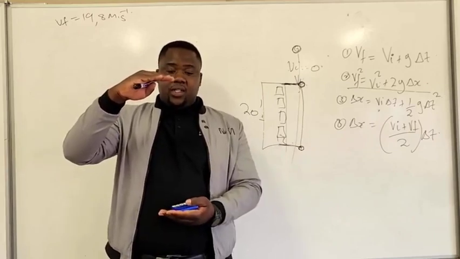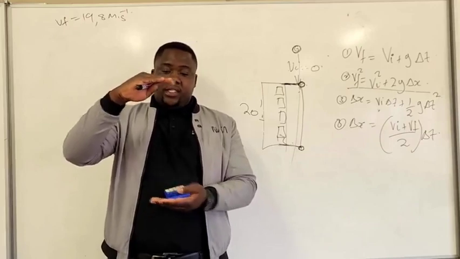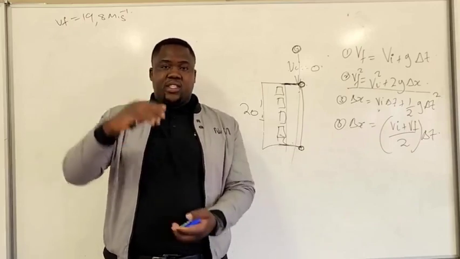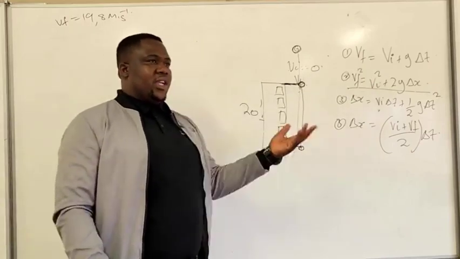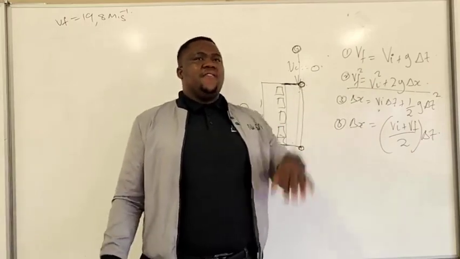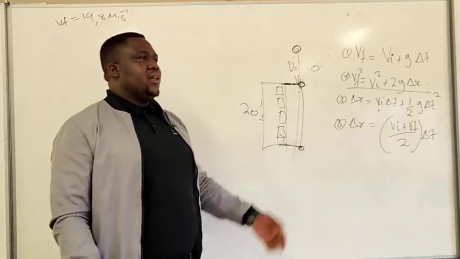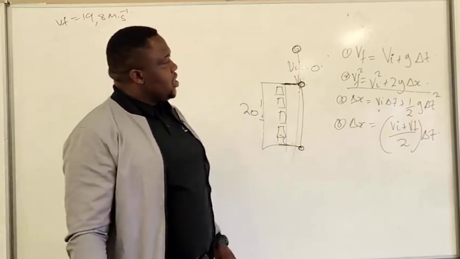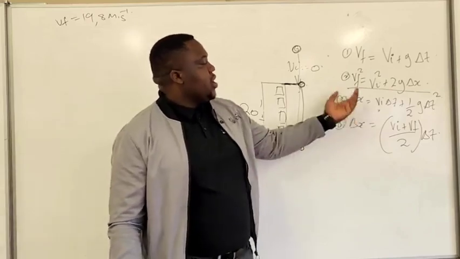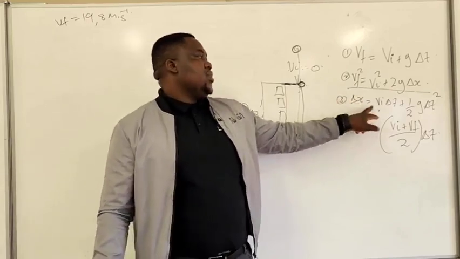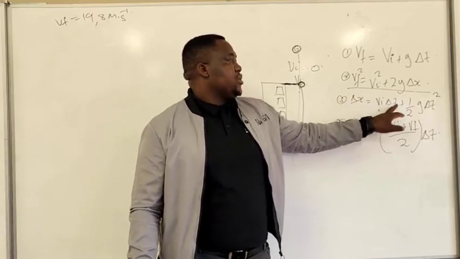So now what we need is the time at which this distance was traveled. So we look for a formula here that can have initial and final velocity, displacement, and time. Which one can we use here? Surely time must be there. Can we use this one? Yes, we can, because we have displacement, we have initial velocity, and time is what we are calculating.